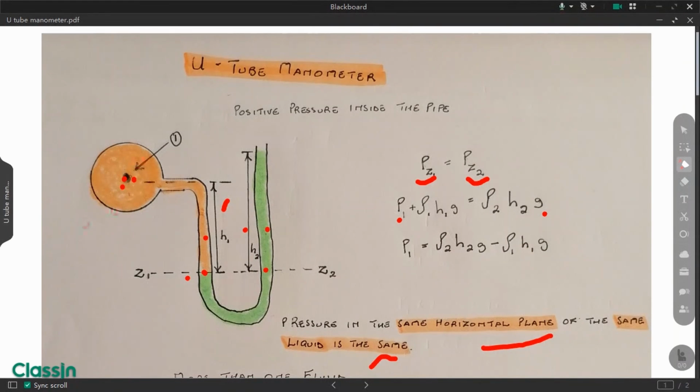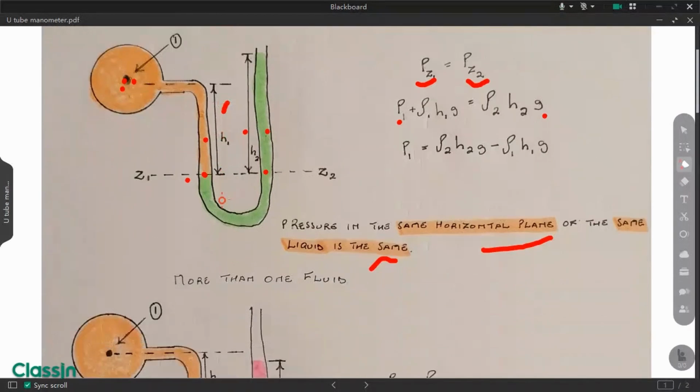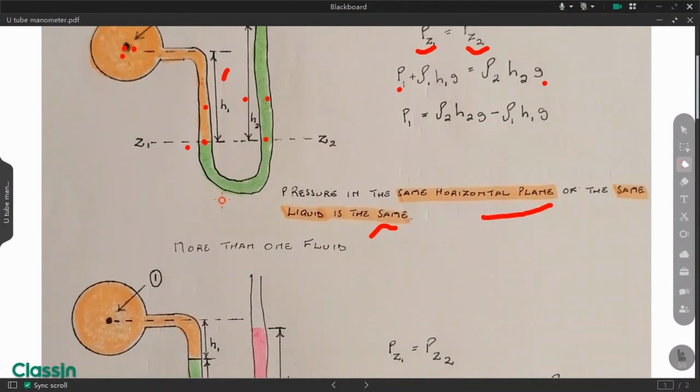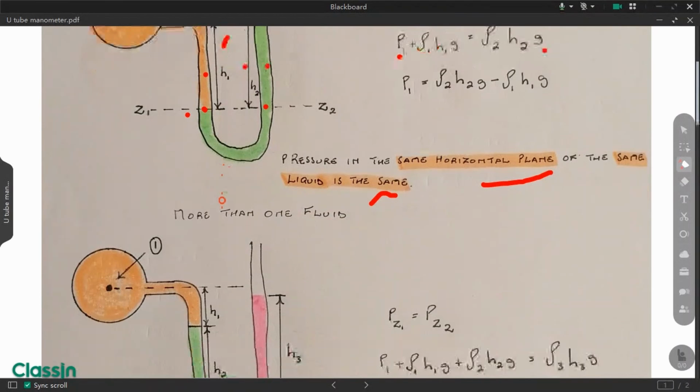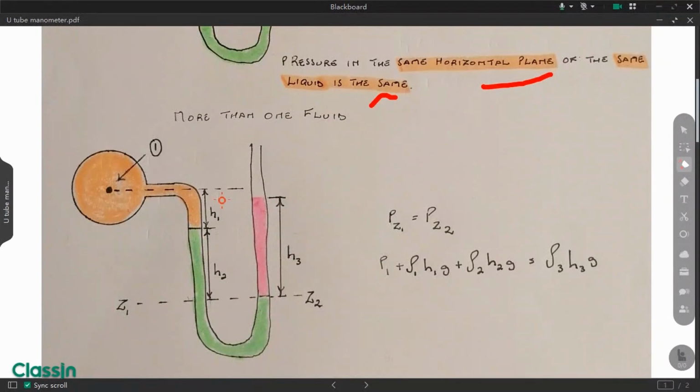So when we move down, we'll look at when we have more than two fluids in the transparent U-tube. So now, if you are asked to find the pressure at point 1 again, remember the statement: the pressure in the same plane of the same fluid is the same. So pressure at Z1 will be equal to pressure at Z2.